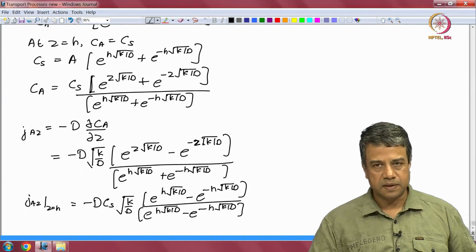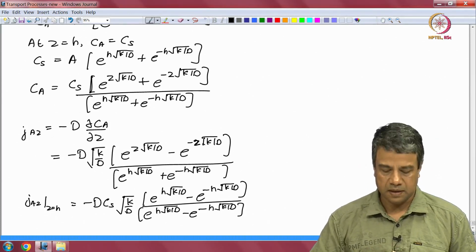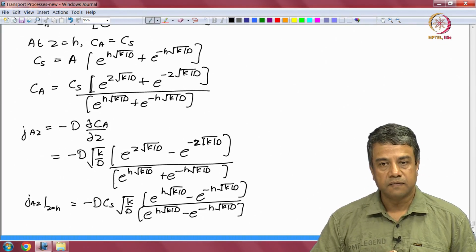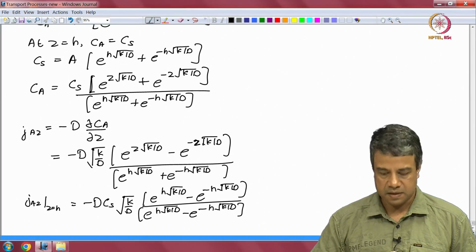That is the formal expression. We have managed to solve the equation and get the formal expression. The flux at the surface is given by this expression.